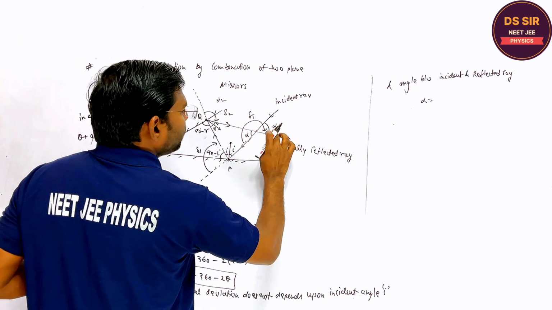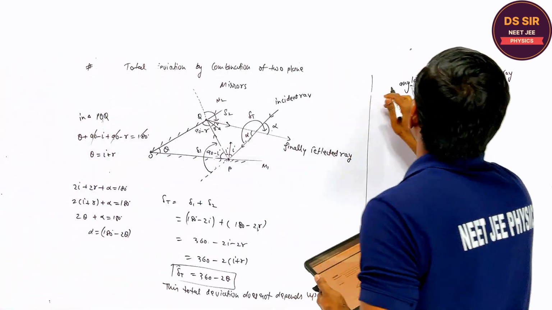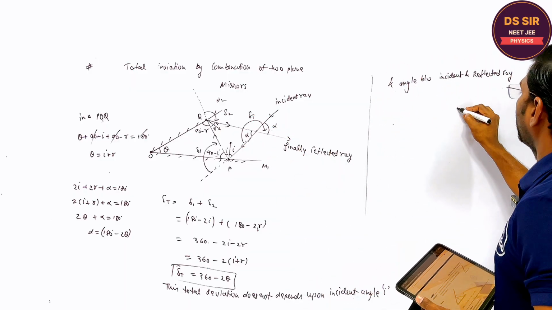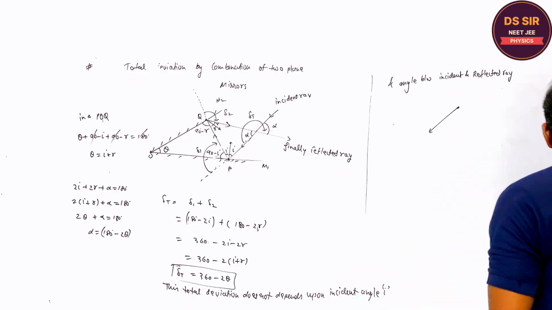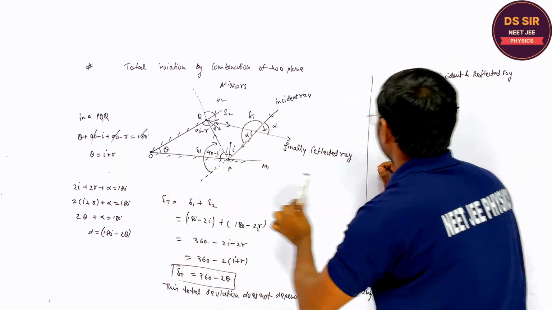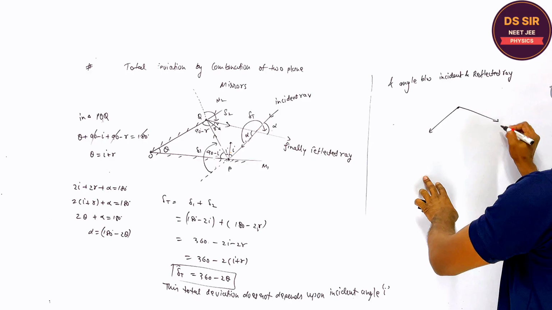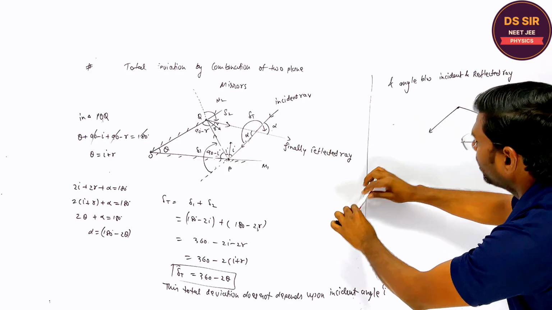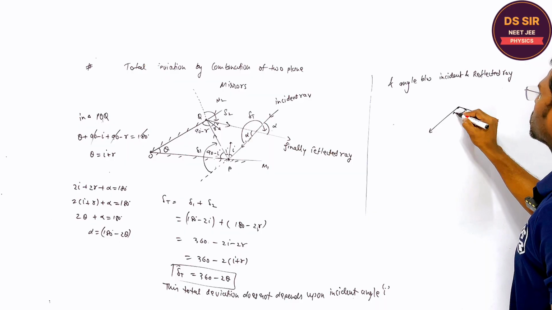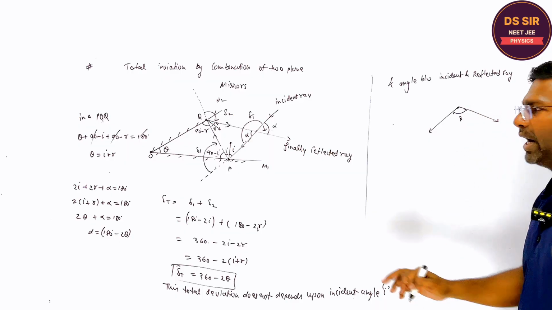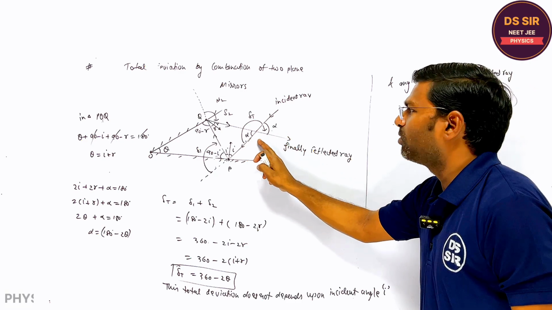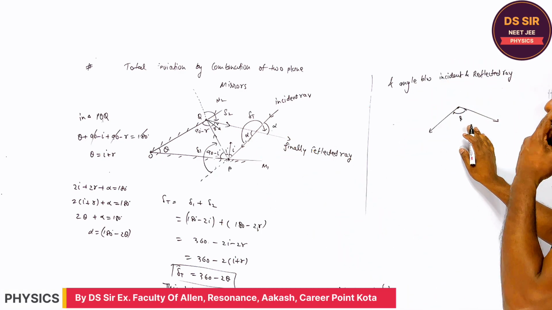Right. So if this angle is alpha, this is the incident ray, and suppose this is the reflected ray. The angle between them, you may assume to be beta.